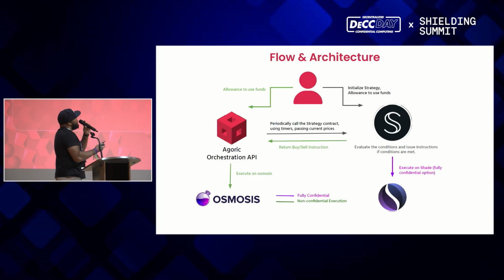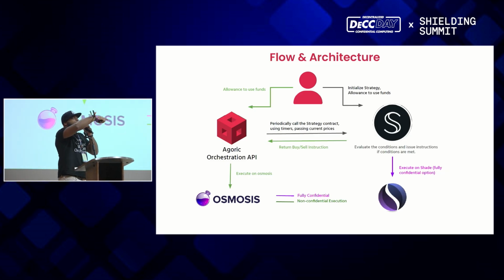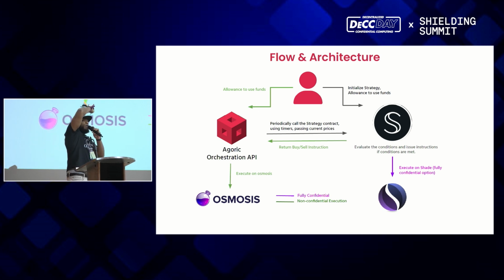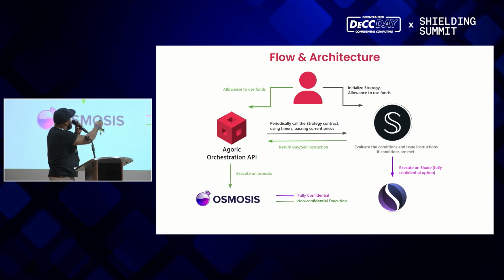So let's talk about the use case really quick. Let's say you're an MEV searcher, and you want to have two sets of contracts. One is your orchestration contract on Agoric, and the other one is a CosmWasm contract written in Rust on Secret Network. So you keep the strategy, the code, the logic of your contract in this CosmWasm contract.